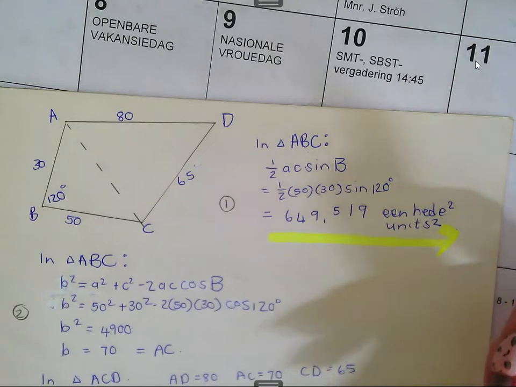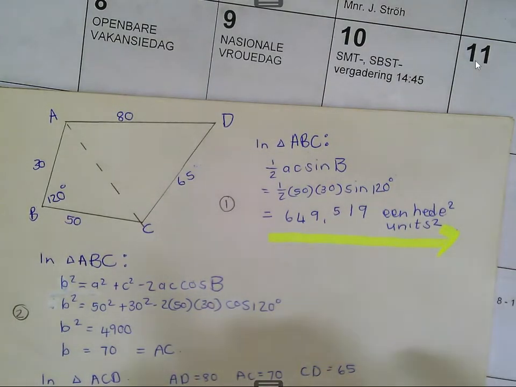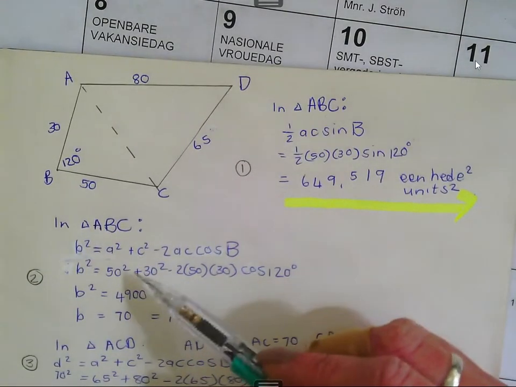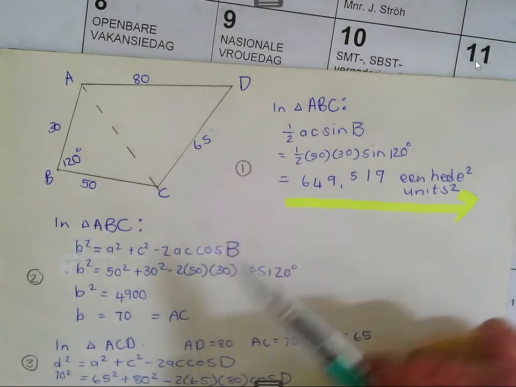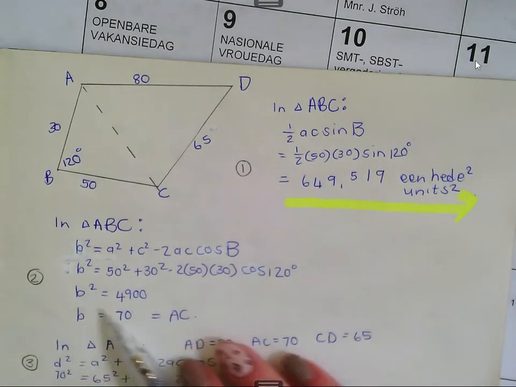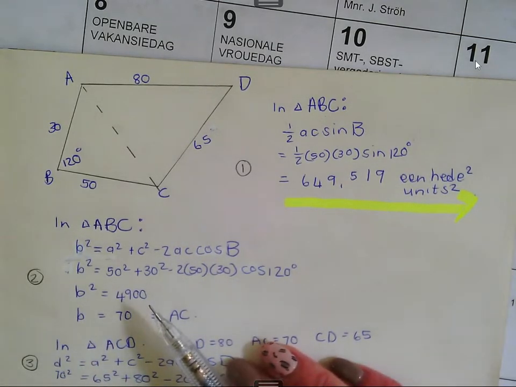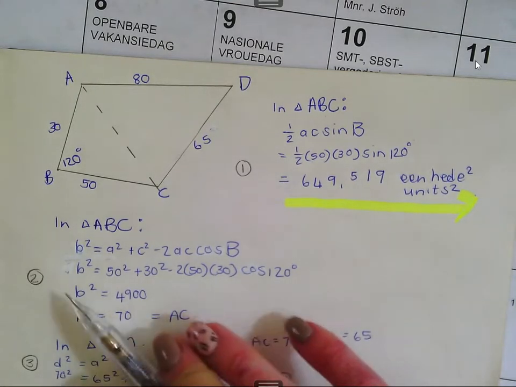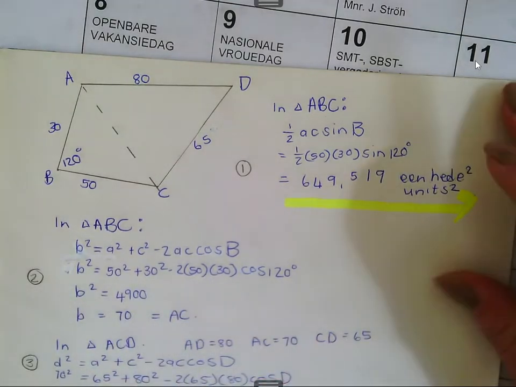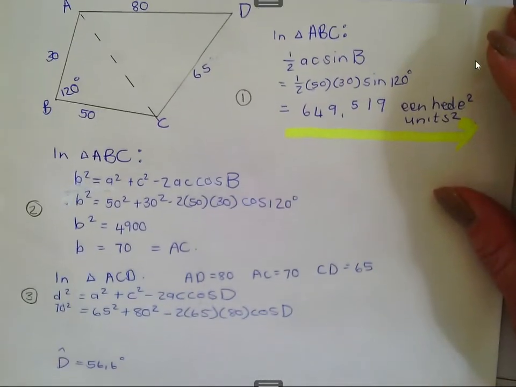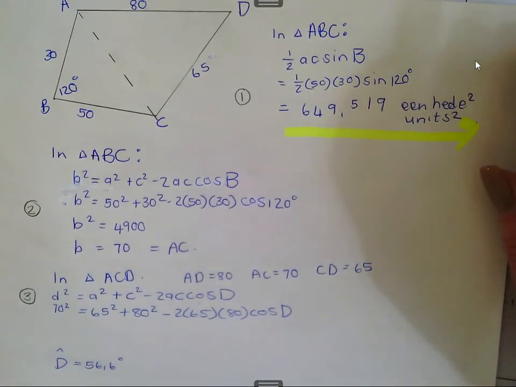Do you all agree? All three of them are the same. So b squared equals a squared plus c squared minus 2ac cos B. Do the substitution, it's the easy one, where everything is already on one side. You get an answer, and just remember to take the square root, and it was a nice whole number: AC or b or d is equal to 70 units.